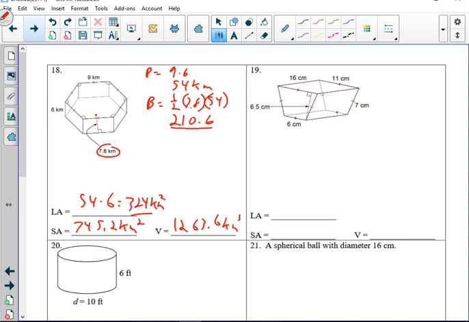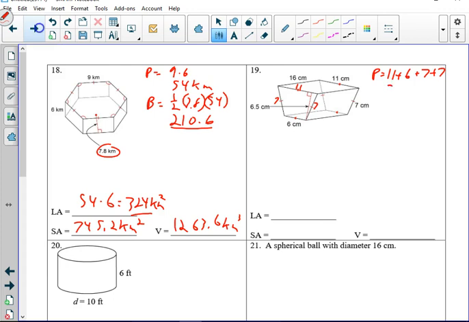Okay, our bases are the two trapezoids. So our perimeter is the 11 plus the 6 plus the 2 7s.